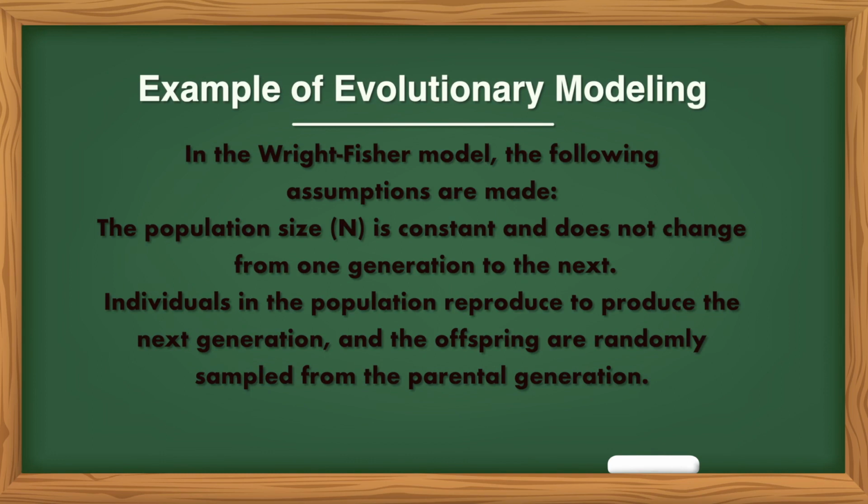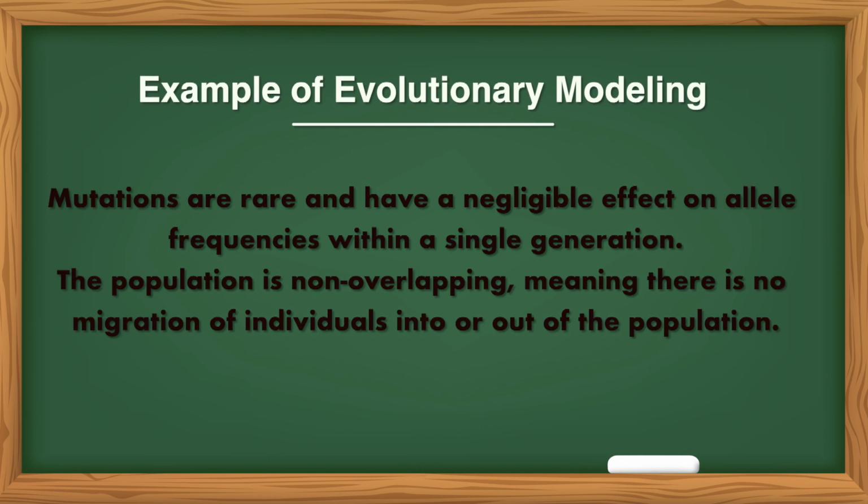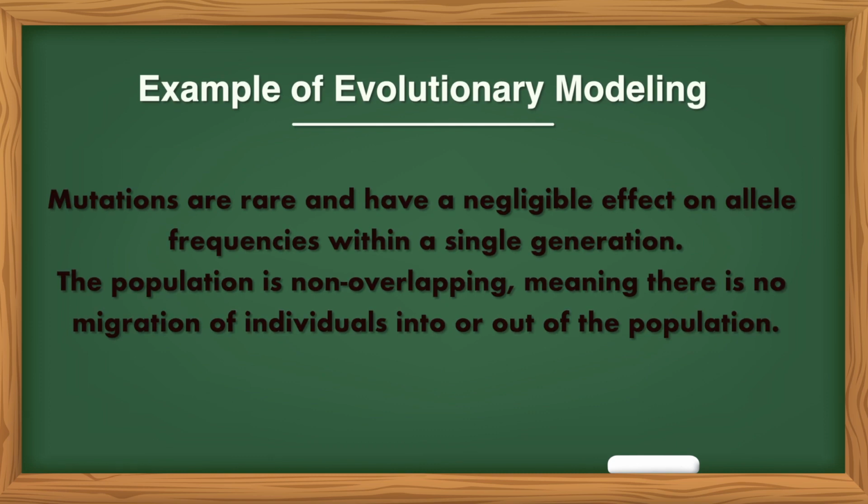The Wright-Fisher model uses the following assumptions. One is that the population size capital N is constant and does not change from one generation to the next. Another assumption is that individuals in a population reproduce to produce the next generation, and the offspring are randomly sampled from the parent generation. Now, mutations are rare and have negligible effect on the allele frequency within a single generation.